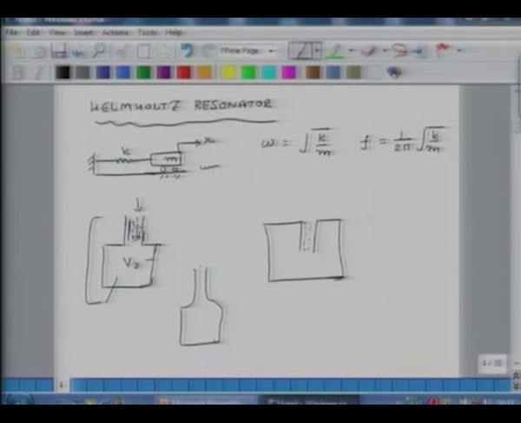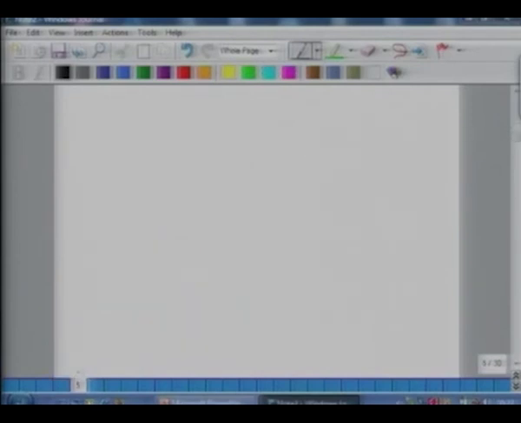If I want to understand this and solve for its natural frequency, I can use the mobility analogy. This is my inductance, which acts like a spring, and the value of this is V naught over rho naught c square.